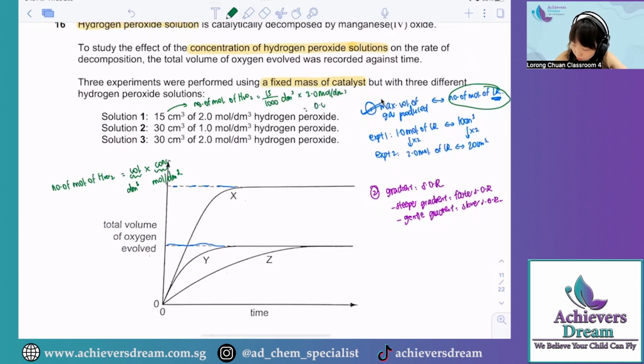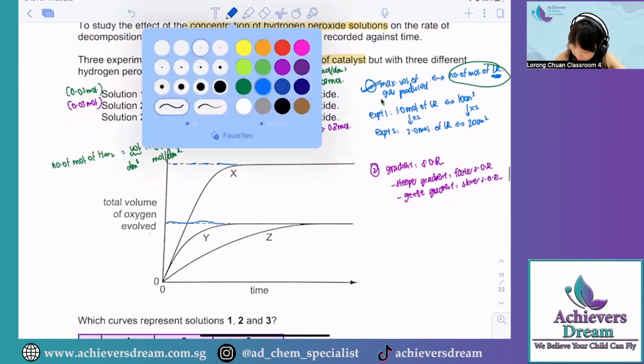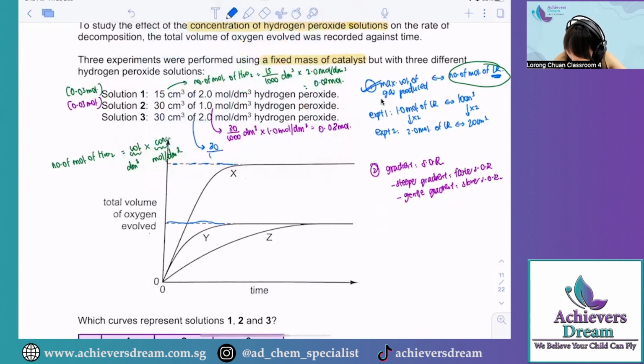That will give you 0.03 moles. For solution 2, 30 over 1000 dm³ times 1 mole per dm³ would also give you 0.03 moles. And finally, for solution 3, 30 over 1000 times 2 moles per dm³ will give you 0.06 moles.